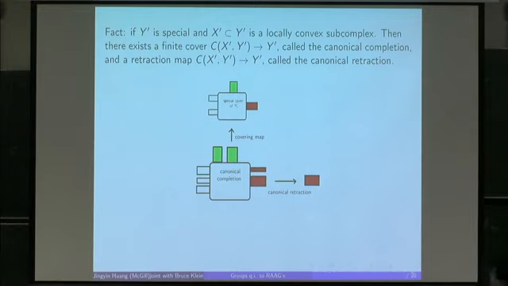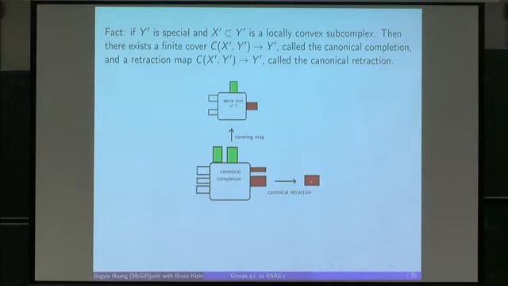So let's look at this picture. What we want is a retraction from this to our bad tube here. In general, it could be possible that the retraction from this to this bad tube does not exist, but what we know is there always exists a finite covering, let's say this is a finite covering of this, such that this finite covering retracts to this bad tube.